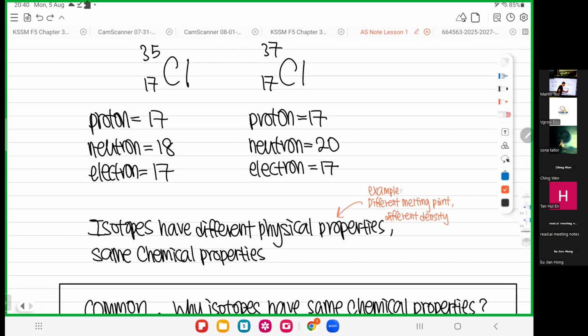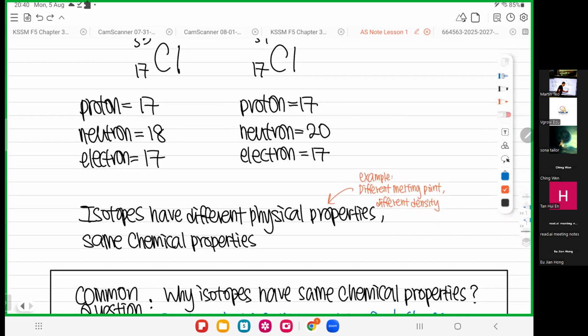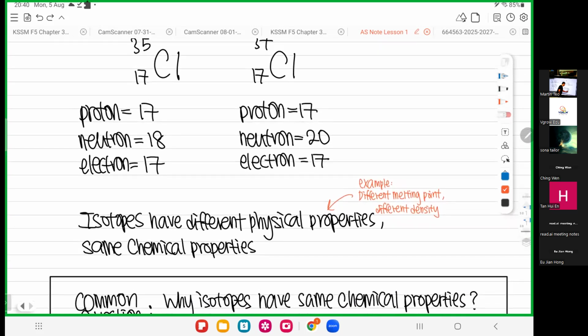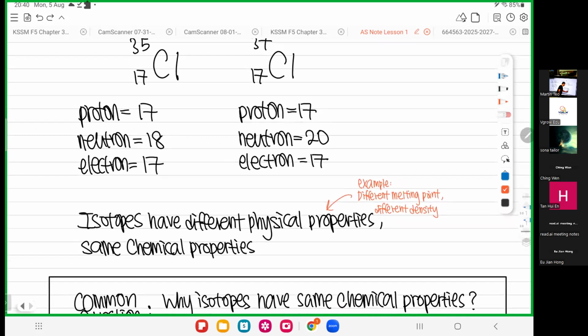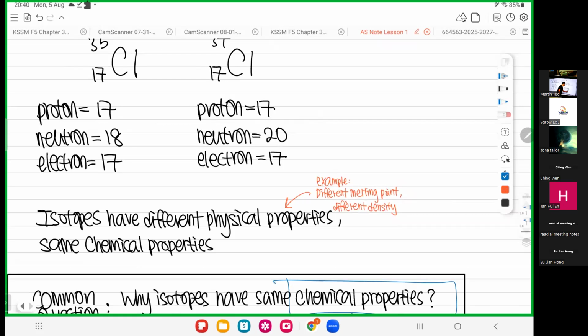In the exam, they always love to ask this question: why do isotopes have the same chemical properties? Okay, guys, can we do a quick revision? Can I ask you a simple thing? In high school, do you know chemical properties are decided by what? If today the question asks, chemical properties are decided by what, what will you answer?